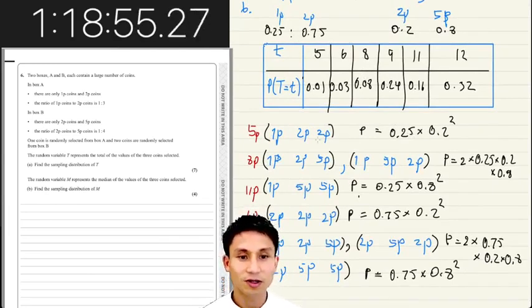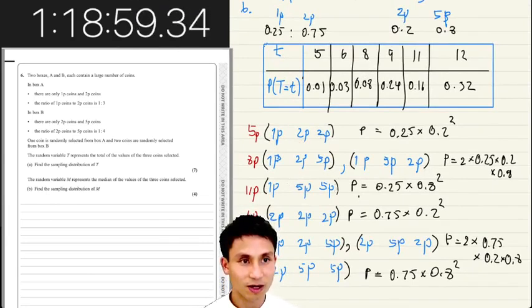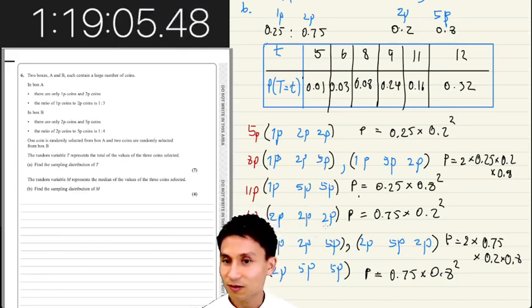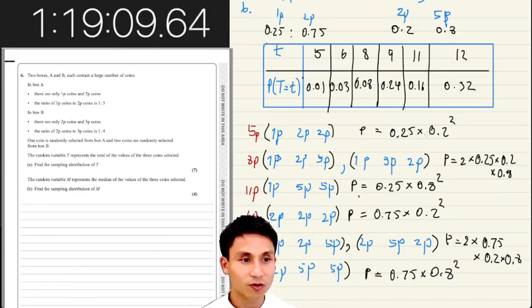So 0.1, this is 122, 125, 152, 155, 222, 225, 252, 255. That seems to be all the cases. Okay, so 0.25 times 0.2 squared, 0.25 times 0.2 times 0.8, and 2 times 0.